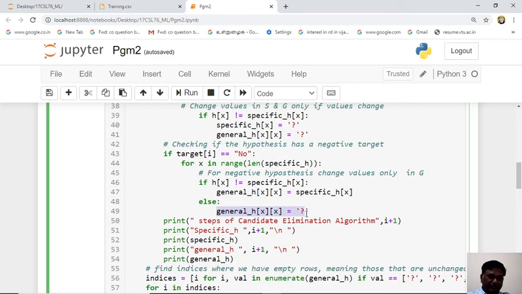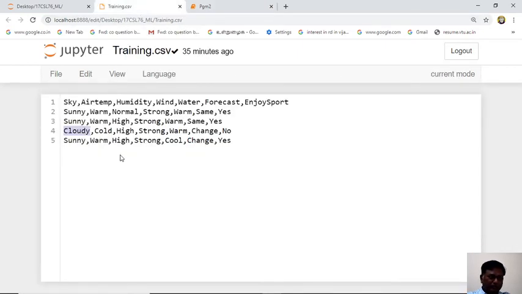When this condition will run, you can see. Now I will show you the input. In this case, already you have updated. You see, when forecast equal to change, that day you did not enjoy, correct? So what you generalized, instead of change, you will assign the same value. So if forecast is equal to same, then you may enjoy, right?